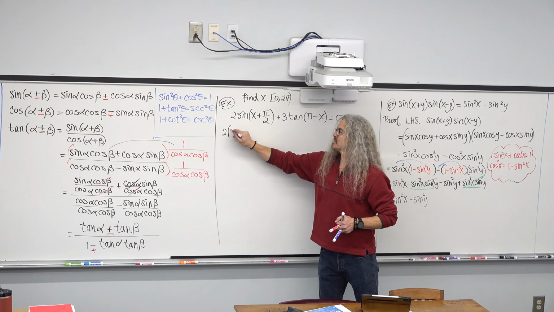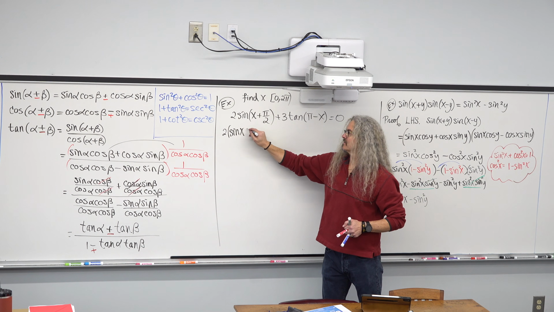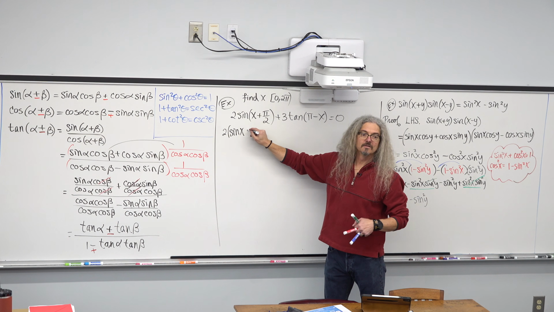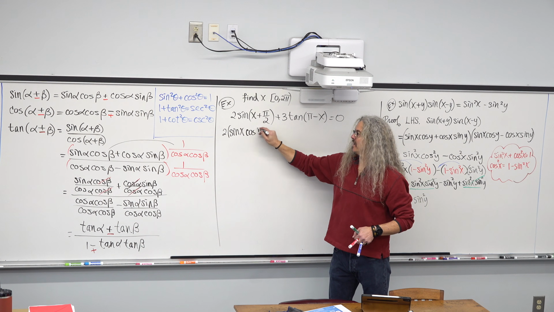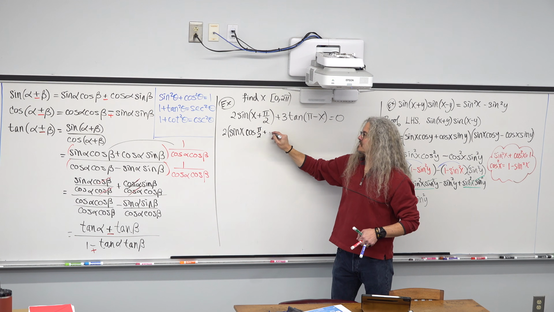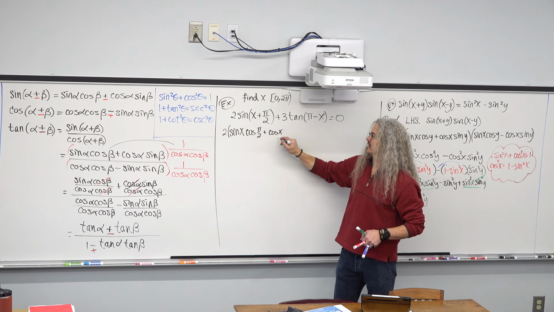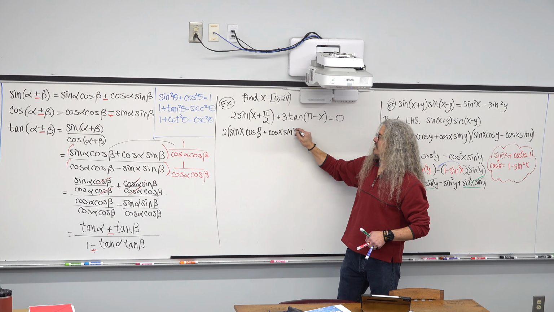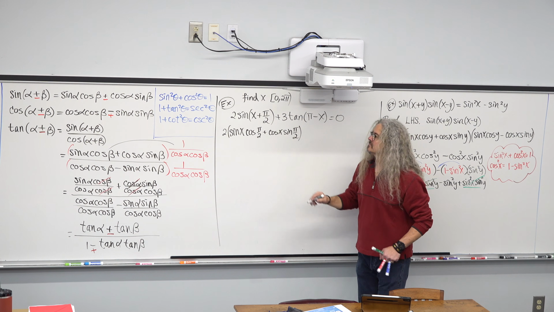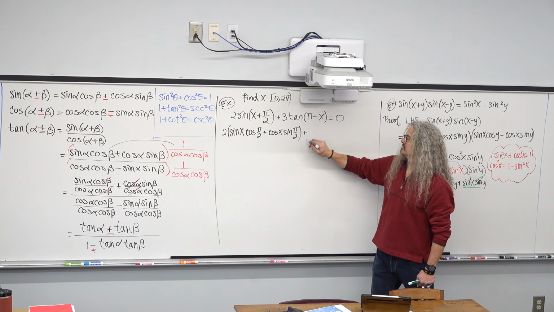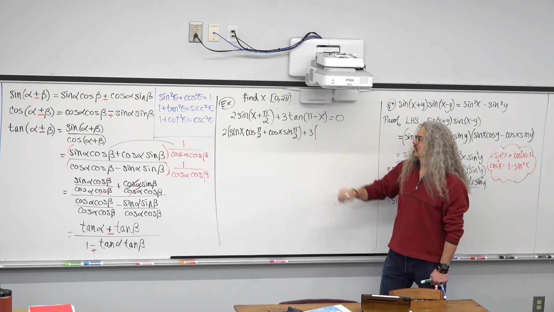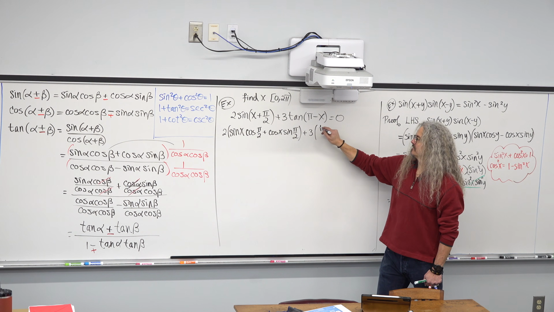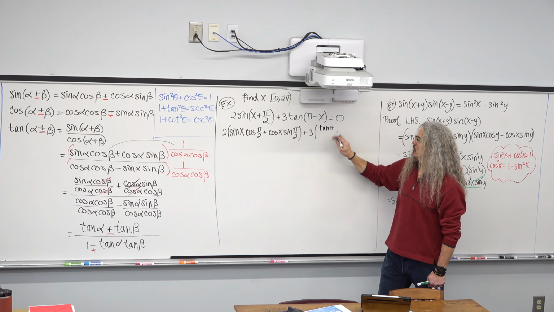2 times the sine of x cosine of pi over 2 plus the cosine of x sine of pi over 2 plus 3 times the tangent of pi, whoops.